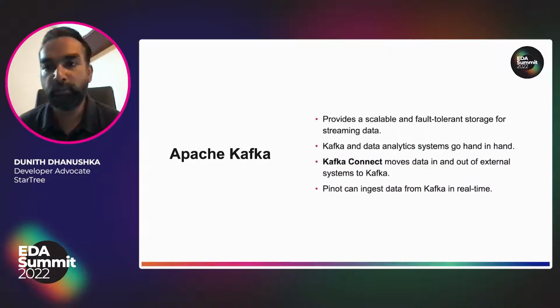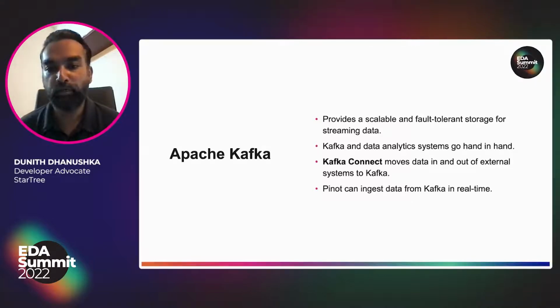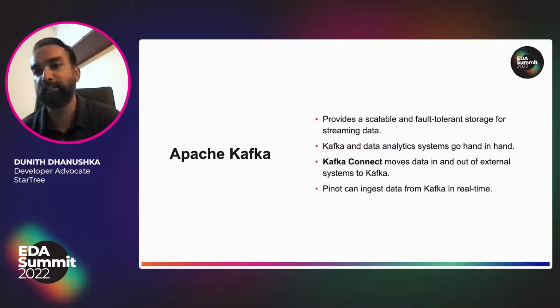To bridge these two worlds, we have Apache Kafka. So if you have Kafka deployed either in the cloud or in your on-premise data center, this will be an ideal use case. Kafka comes with its ecosystem component called Kafka Connect, which allows you to move data in and out of Kafka from external systems.